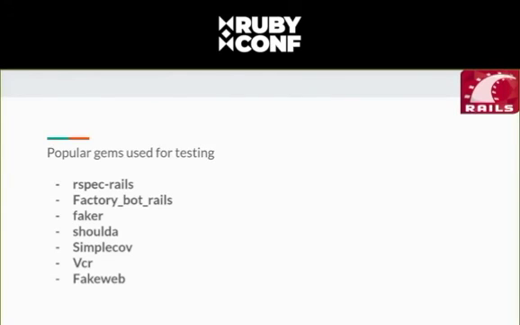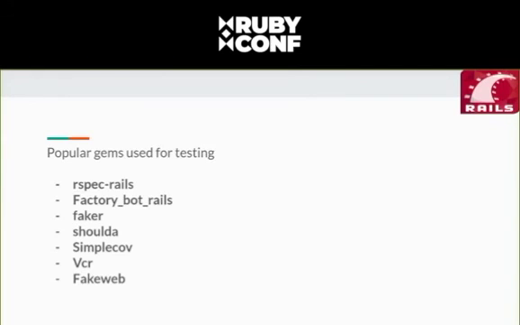Everyone can do it if they practice it, and this is really a good practice. It will help write very good integrated code that is easy to automate and easy to build, and the developer has more confidence in it. We have a few popular gems for testing, included but not limited to those.